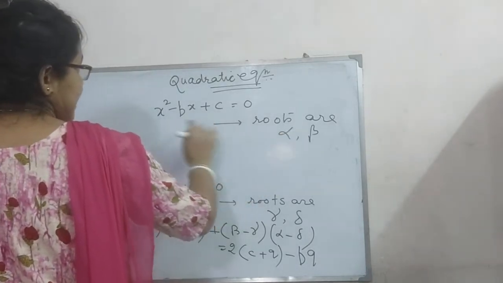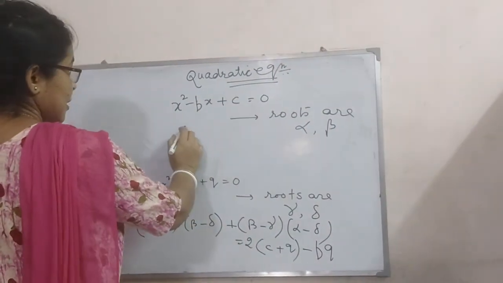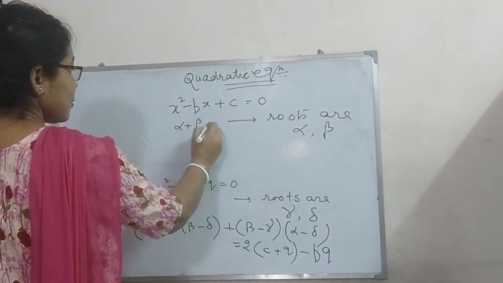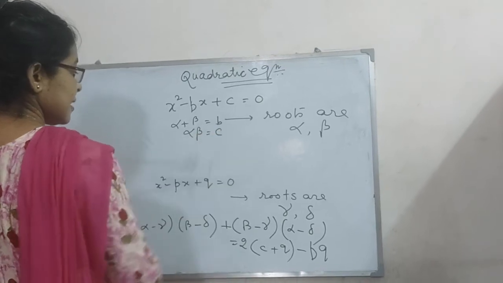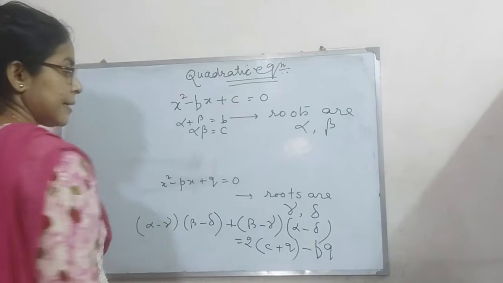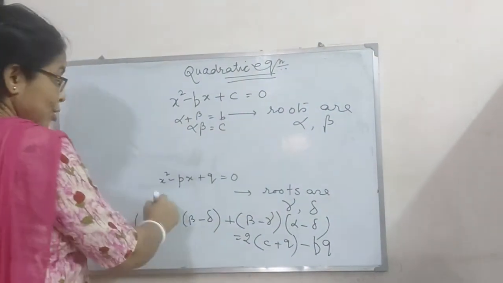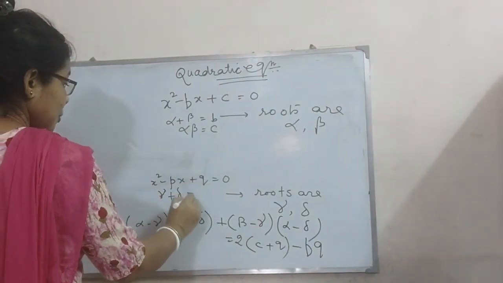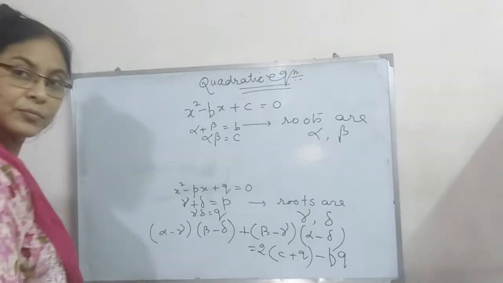Since alpha, beta is a root of this quadratic equation, I will get alpha plus beta equal to b and alpha beta equal to c, and since gamma and delta are the roots of this equation, I will write gamma plus delta equal to p and gamma delta equal to q.